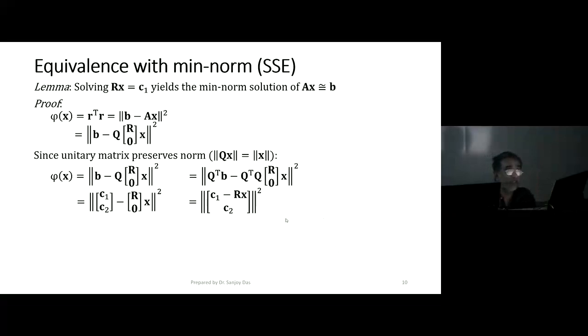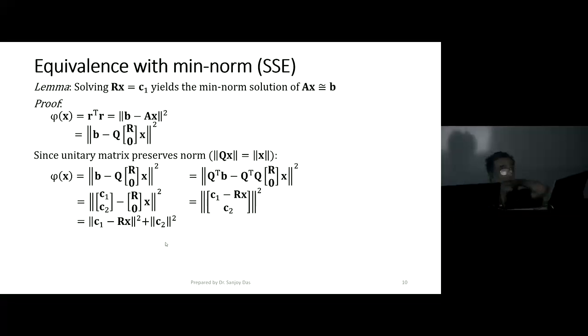Now, this can be broken up into two separate L2 norm squared, right? We have a block vector here. So the L2 norm of the first block, C1 minus Rx squared, plus the L2 norm of C2 squared.